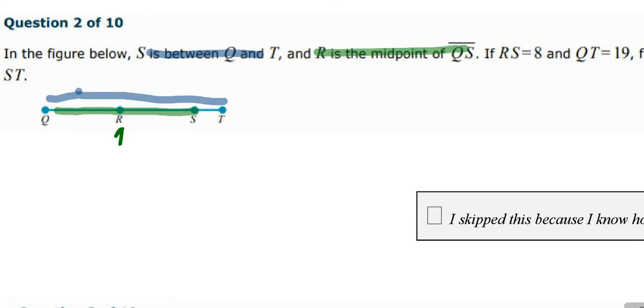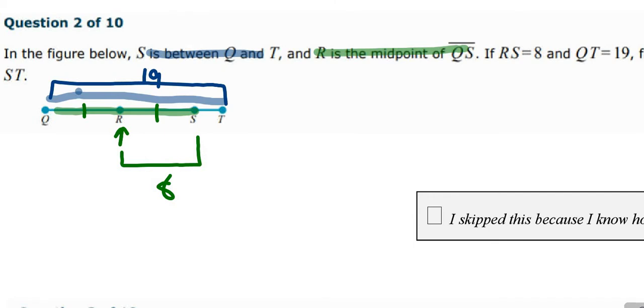So if R is a midpoint of the green hatch marks, we are told that R to S is 8, and Q to T all the way is 19.